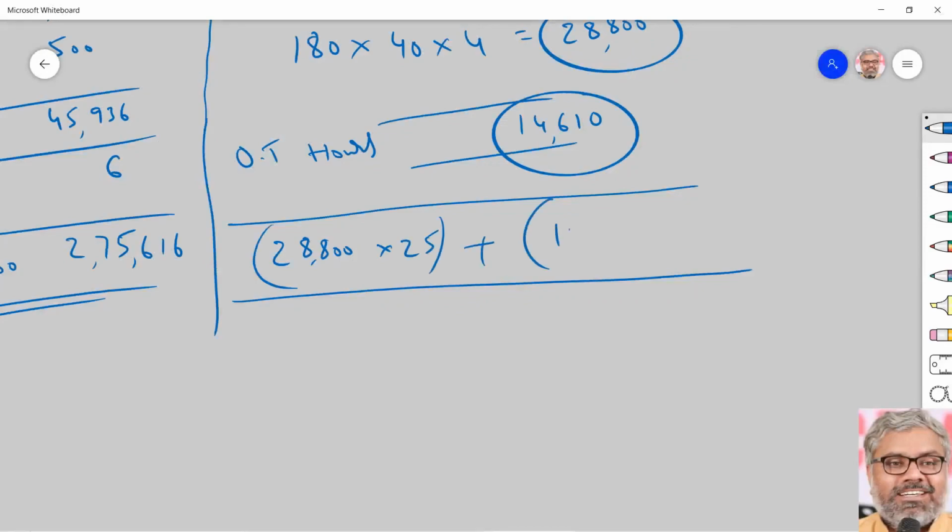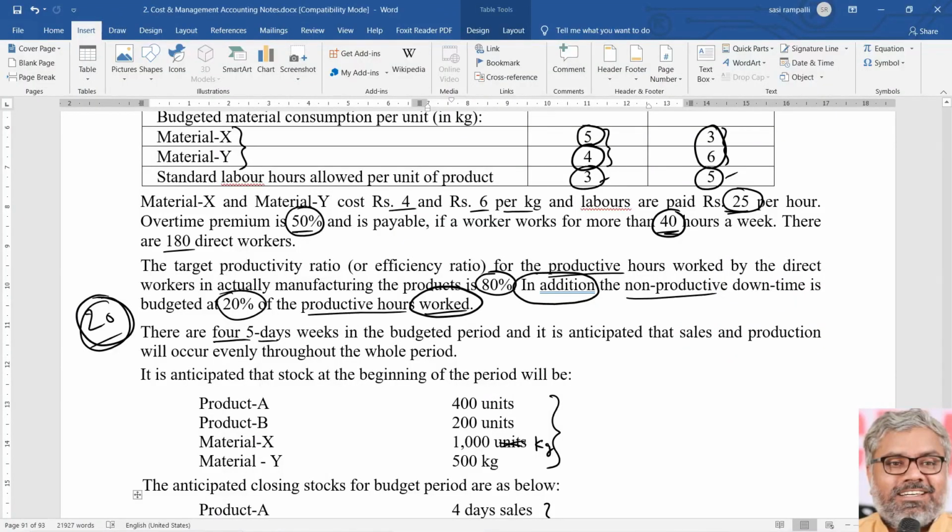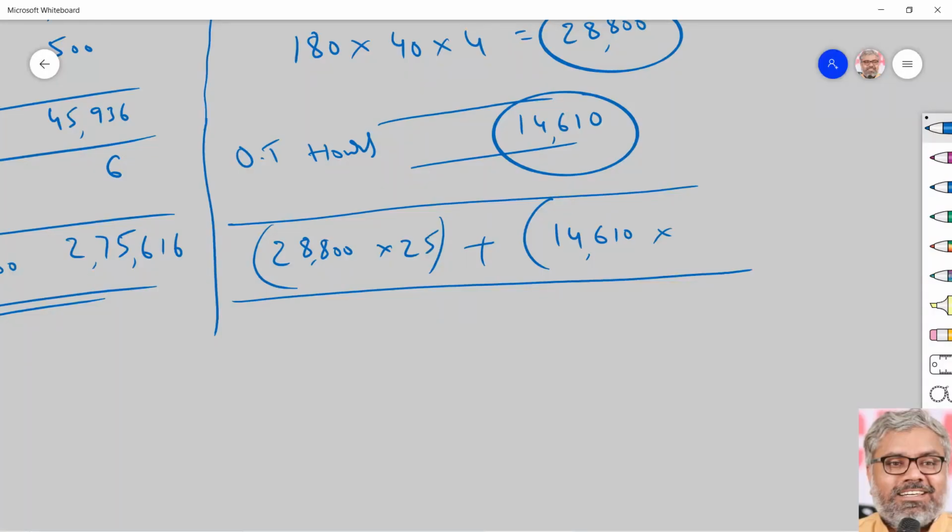Plus, be careful, 14,610 into, don't take 50% only. 50% is overtime premium, means over and above the normal rate. If 25 rupees is the normal rate, including overtime premium, it will naturally be 37.5, that is 25 plus 50%. So what is the total labor budget?